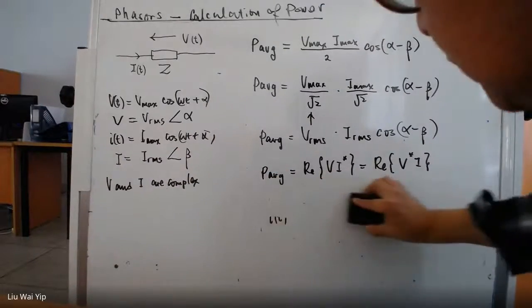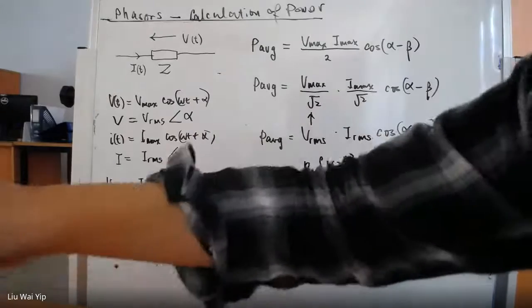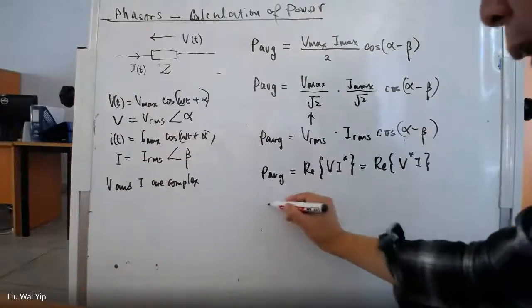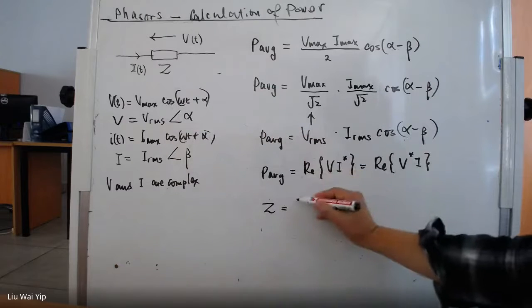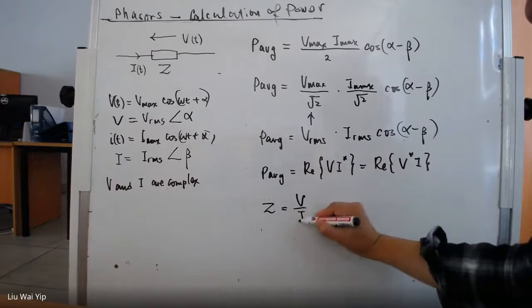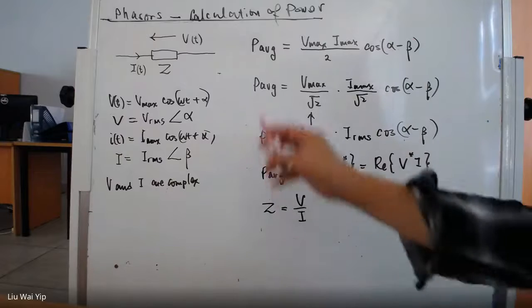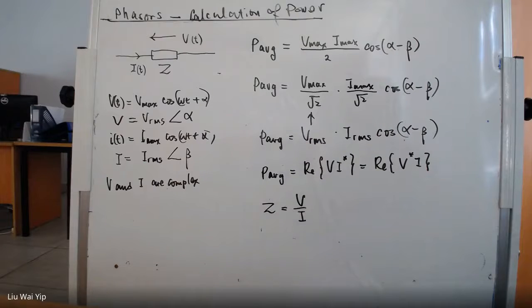We shouldn't use the time domain here. Z is a complex value, so we have to use phasors. So this is what we can get.